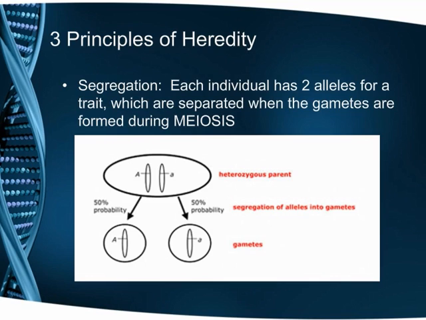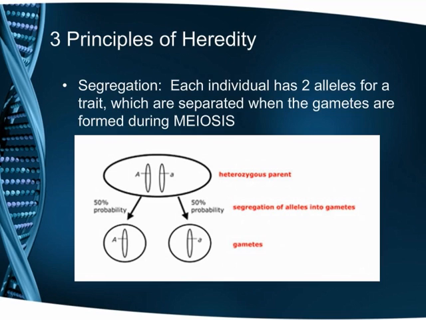Now you need to look at your graphic organizer and look over to the right side of the area on the 3 principles of heredity, and you will see a box where tall is indicated with a big T and short is indicated with a little t.